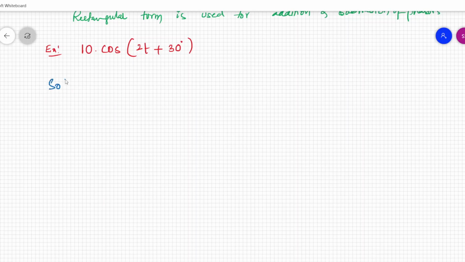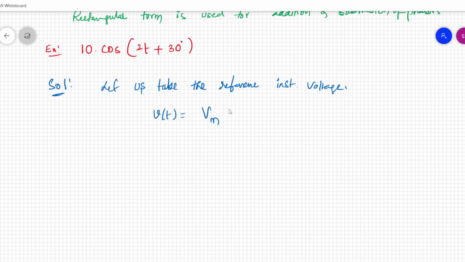So let us write down the reference, the instantaneous voltage, v of t equal to Vm cos(omega t plus phi). The given waveform is v of t equal to 10 cos(2t plus 30).